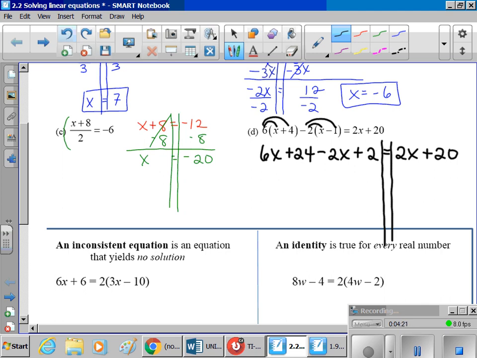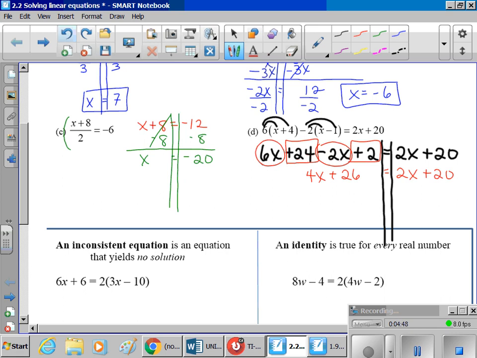And the next step is going to be to combine like terms before we do anything else. Because before we start flip-flopping over that equal sign, we're going to pull anything together that are the same. So we're going to rewrite this one. 6x minus 2x is 4x plus 26 is equal to 2x plus 20.